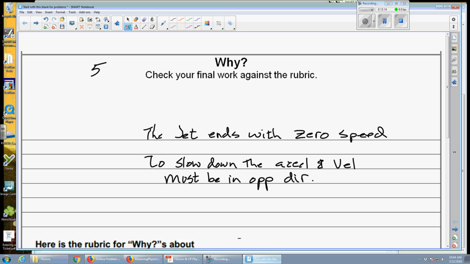The other kind of understanding. That's what slowing down means, or causes slowing down.